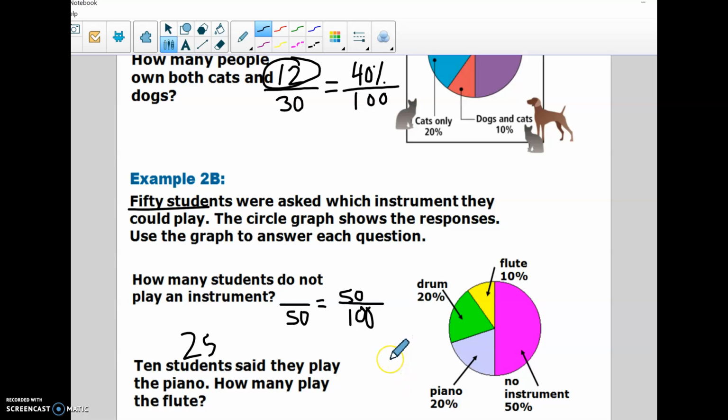Or we do a proportion: 10% play the flute over 100, and that is 50 students total. I would cross multiply and I would get 5 students. 5 students play a flute.